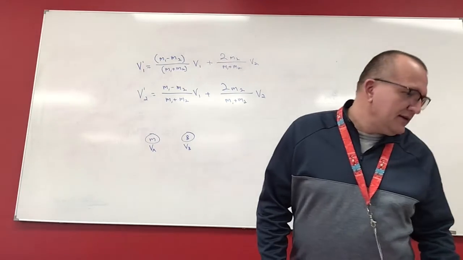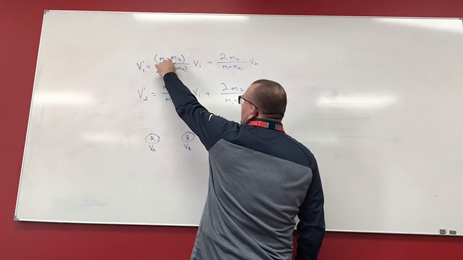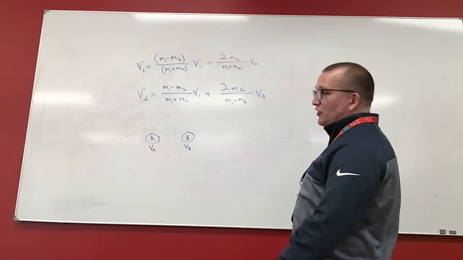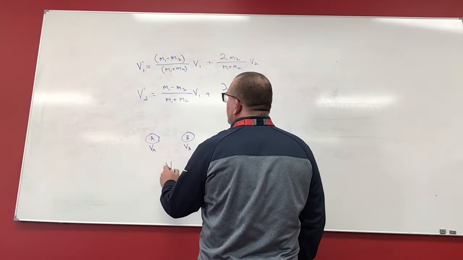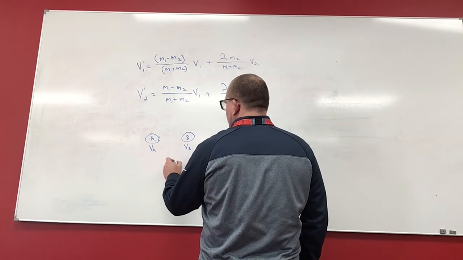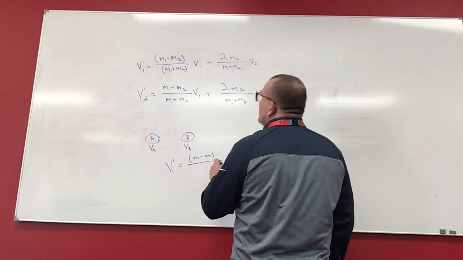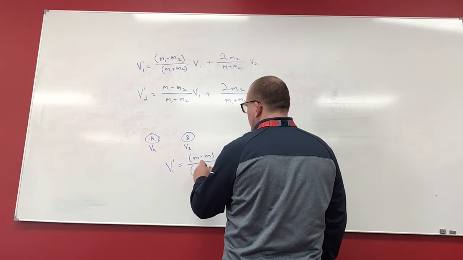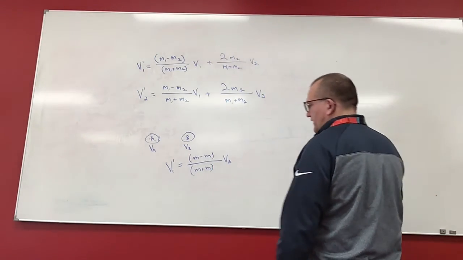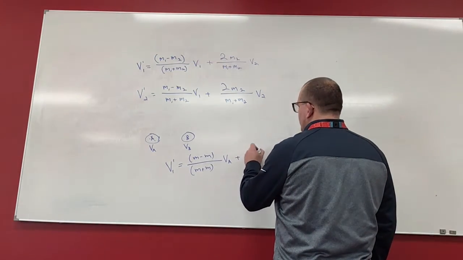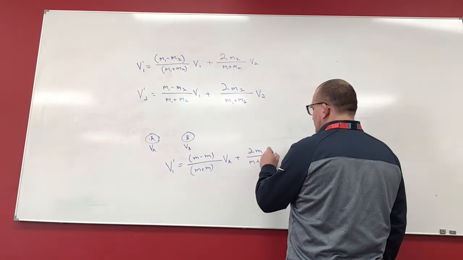It says all equal masses, so M1 and M2 are the same, and we'll just call them M. So A's final velocity is M minus M, because the masses are the same, over M plus M, times VA, the initial velocity of A, plus 2m over m plus m, times VB.